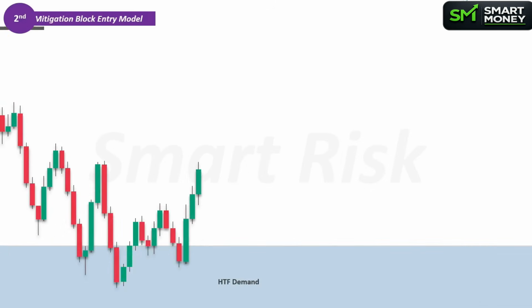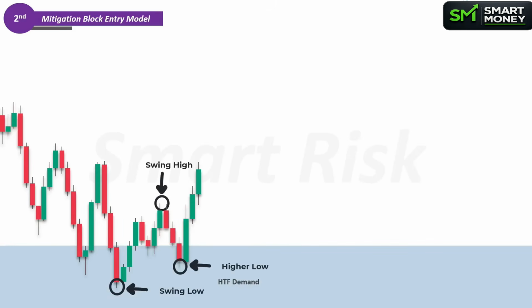The second entry approach uses a mitigation block. After price taps into a higher time frame demand zone, we move to the lower time frame and look for a bullish mitigation block as a potential long entry. For this pattern to form, price must first create a swing low, followed by a swing high, and then a higher low.